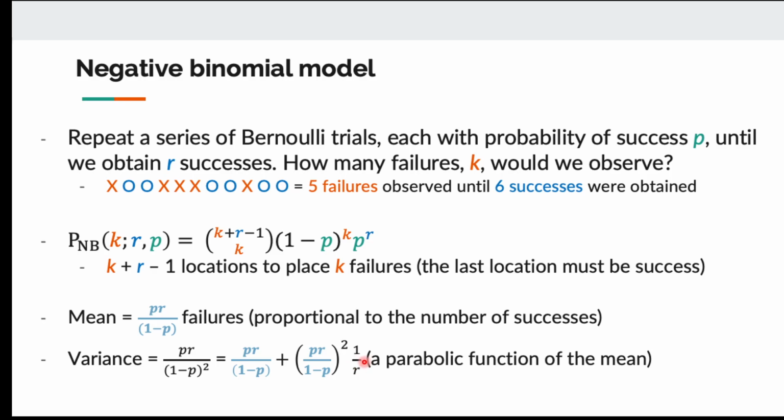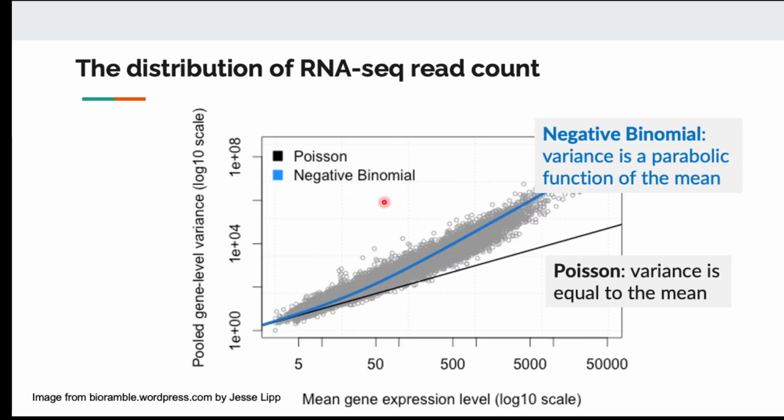So it looks like this distribution, whose description doesn't really match the read count at all. Like, what happened in the cells, with some probability of success and failure, what does that mean inside the cell? But in terms of mathematics, this matches what people need. We have a distribution whose variance is a parabolic function of the mean, and that matches the observation.